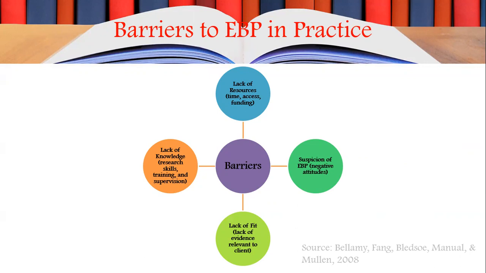That's why we have to continue to conduct research in areas that are understudied, because there are many gaps in the literature with regard to certain populations of individuals. And then also lack of knowledge in terms of research skills, training, and supervision. So these are some of the barriers with regard to the use of EBP in practice.